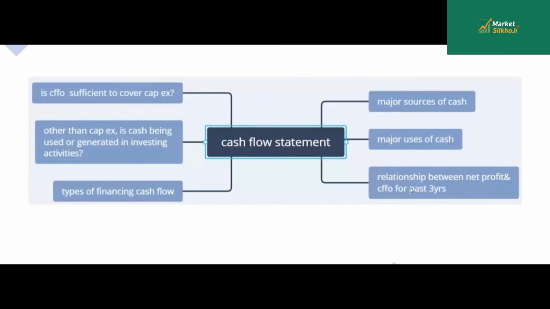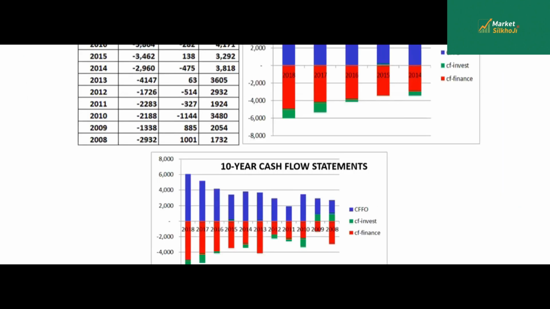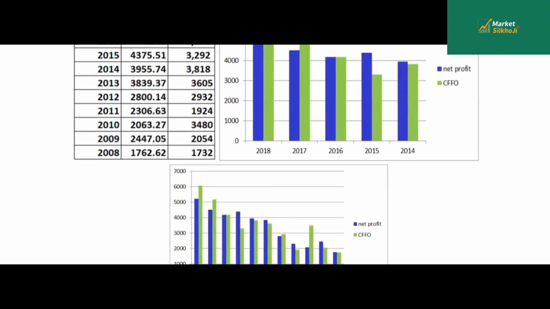Relationship between net profit and cash flows, this is very important. This is one of the most important aspects. Here you can see net profits of the business are consistently positive, cash flow from operations are also positive, and you can see the graph for 5 years and 10 years. They won't be equal, but we want them aligned with each other. We want the cash flow statement and income statement to narrate the same story, not different stories.